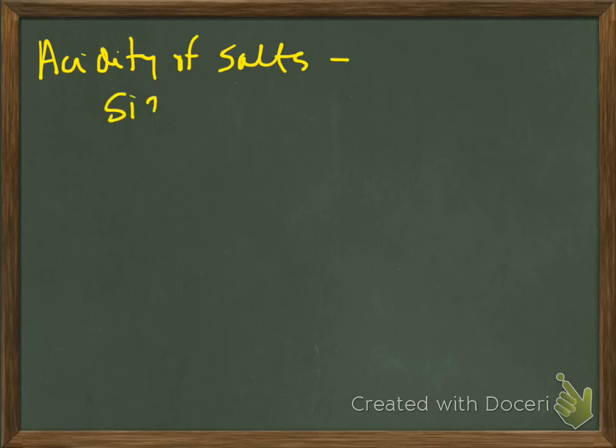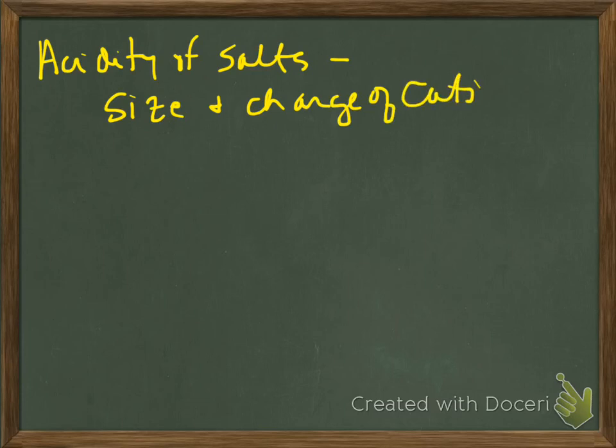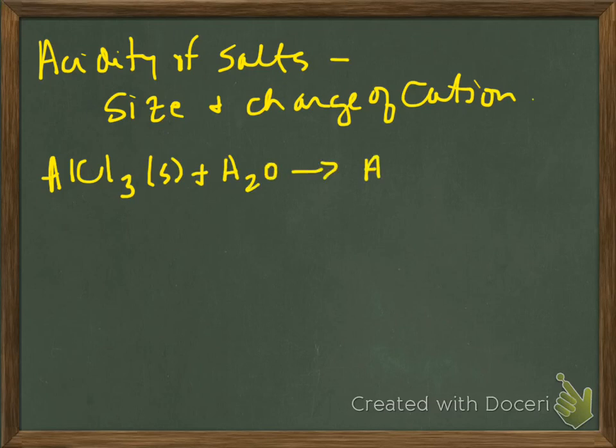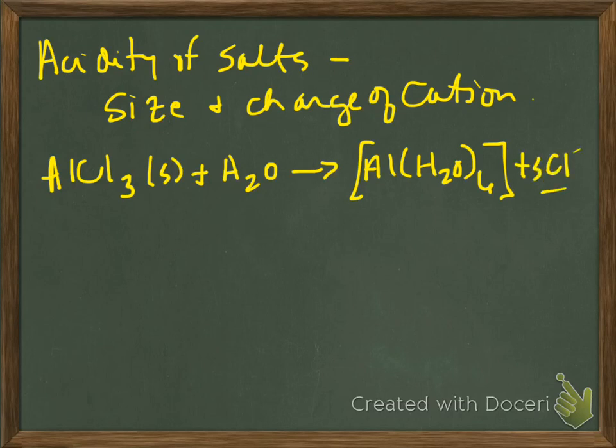Okay, so the acidity of salts also depends on the size and the charge of the cation. And this goes back to the periodicity chapter where we had that aluminum chloride. Aluminum chloride as a solid, when I put it in water, is going to form, if you remember, this complex ion and chloride ions. Again, chlorides aren't going to do anything in water, all right?